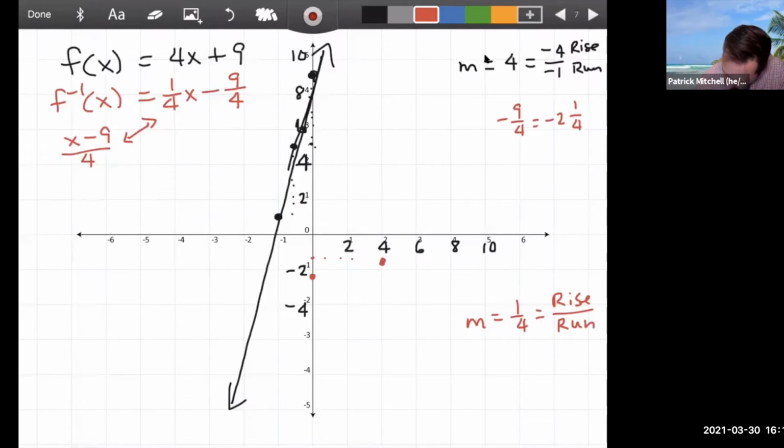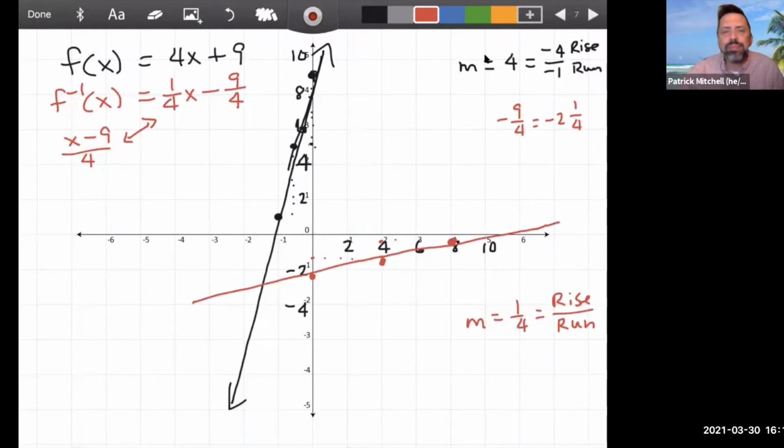Let's see, where am I now? I'm at negative 1 1/4, so that's going to put me at negative 1/4. And then go 4 to the right. That's going to put me right about there. And now if I try to draw a nice straight line through those points, I'll do the best that I can. It is going to look something like that.